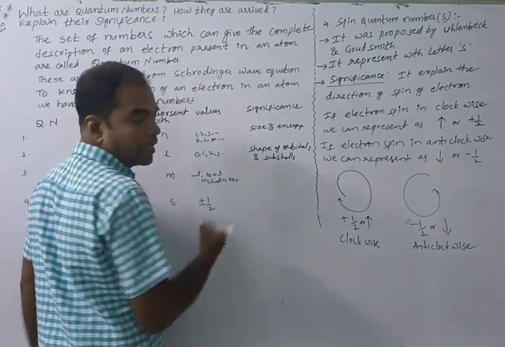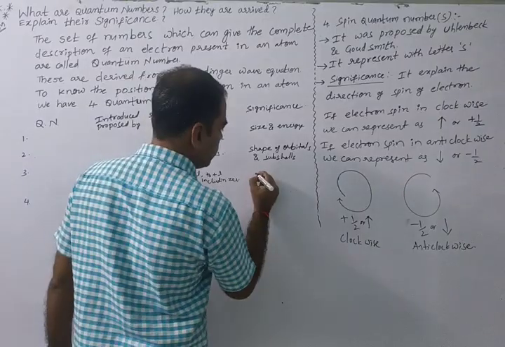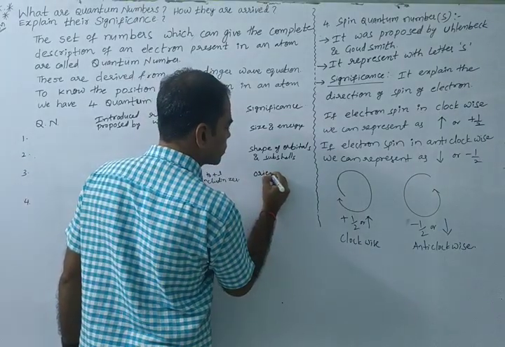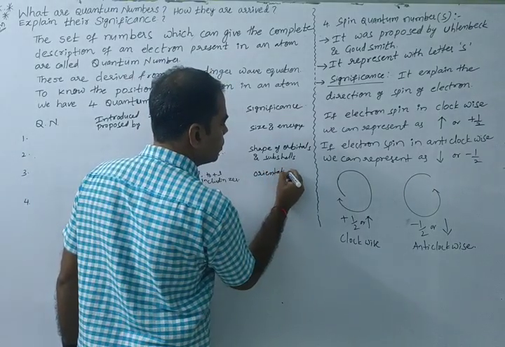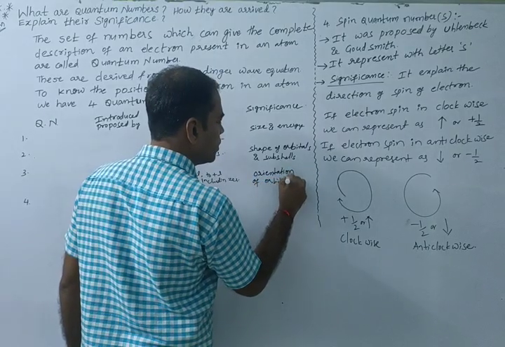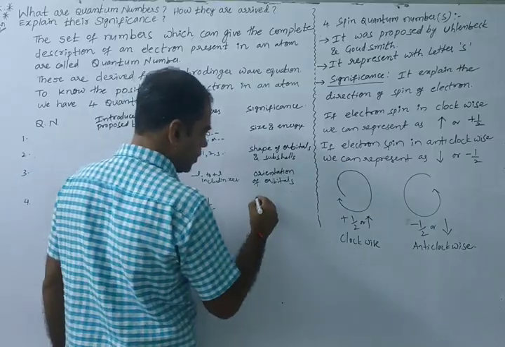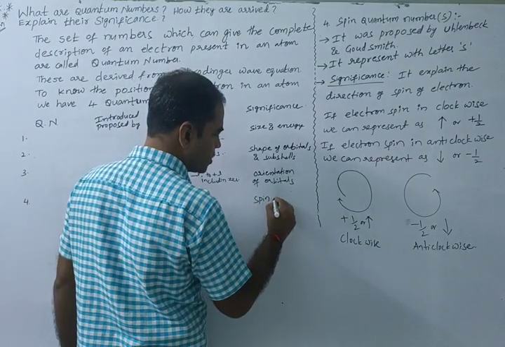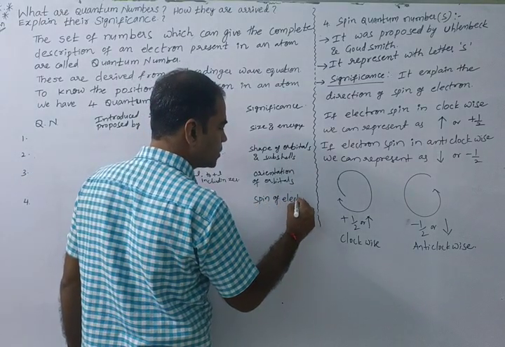Third, magnetic quantum number explains the orientation of orbitals. Fourth, spin quantum number explains the spin of electron.